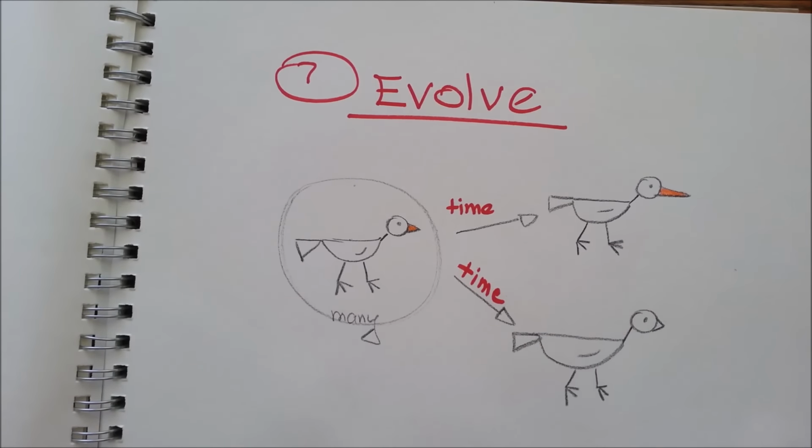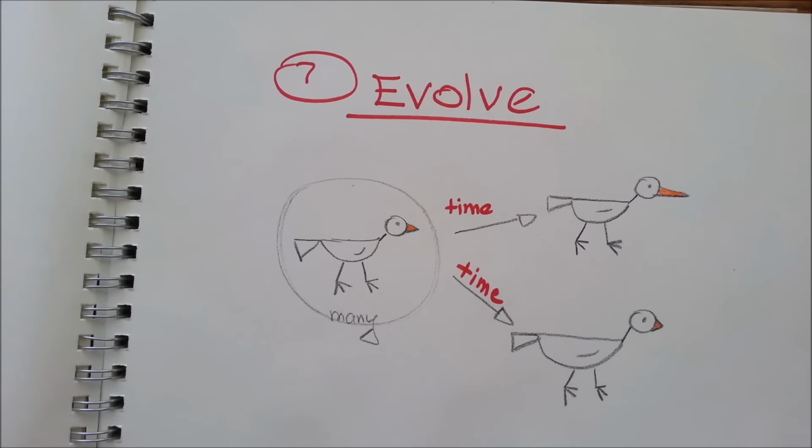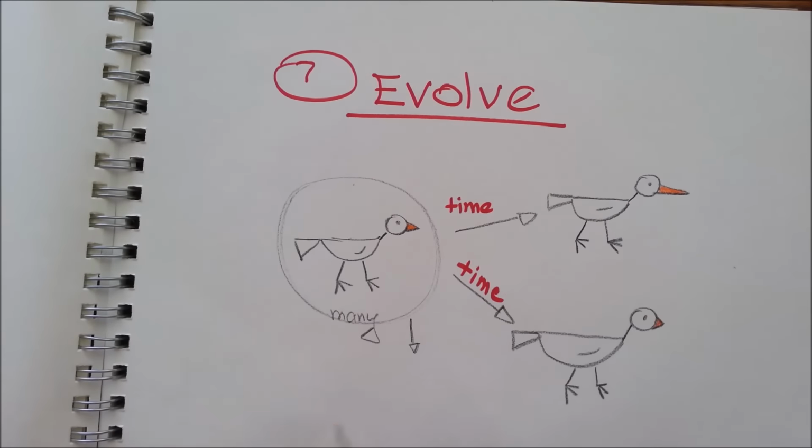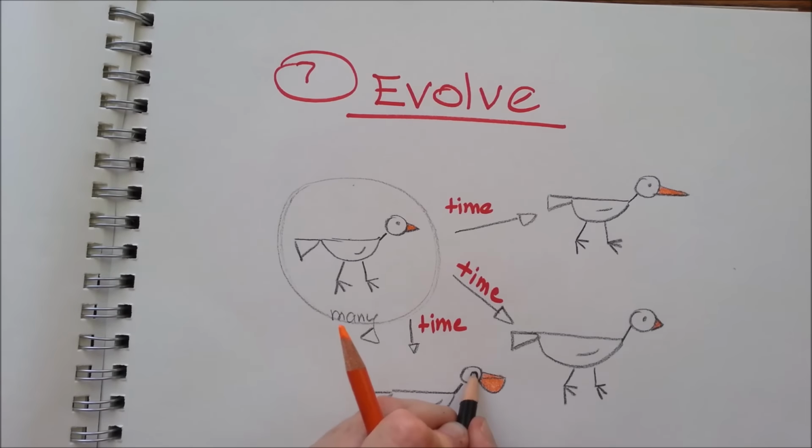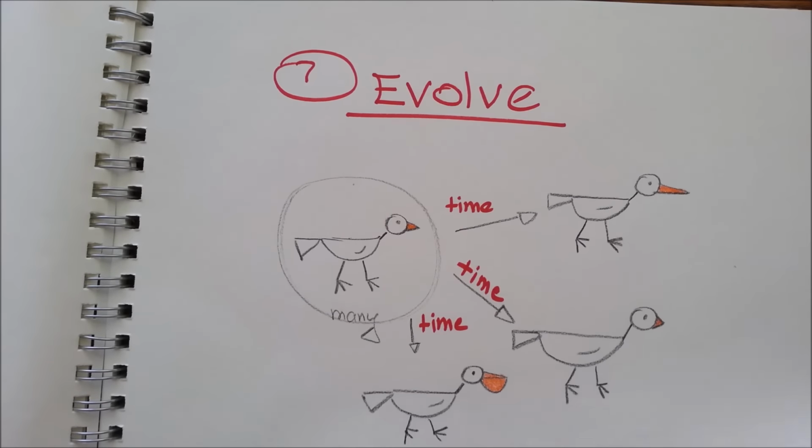Or on another island, they have tiny seeds or strong seeds, and they have to have tiny beaks in order to get the food, or they start to move into the water and they need a kind of pelican beak in order to survive. So the population evolves.